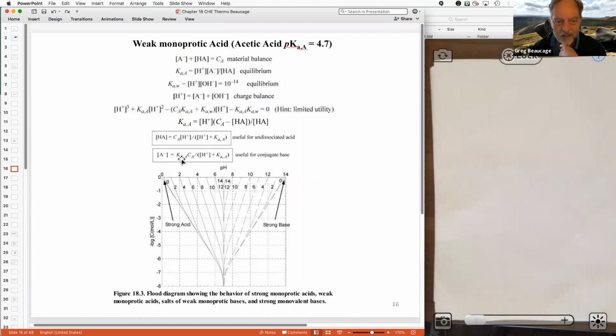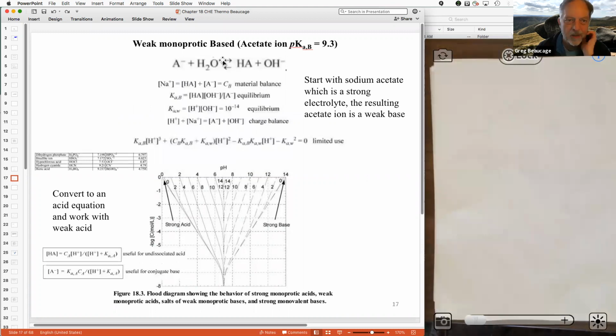And this, because this is Ka divided by Ka, this is also just Ca. So in the basic part, the concentration of this is basically the concentration of the solution, whatever you put in. Then in the acidic part, the concentration of the undissociated acid is the concentration you put in. And then things happen at Ka. So Ka on the pH scale is where you'll see things happen.